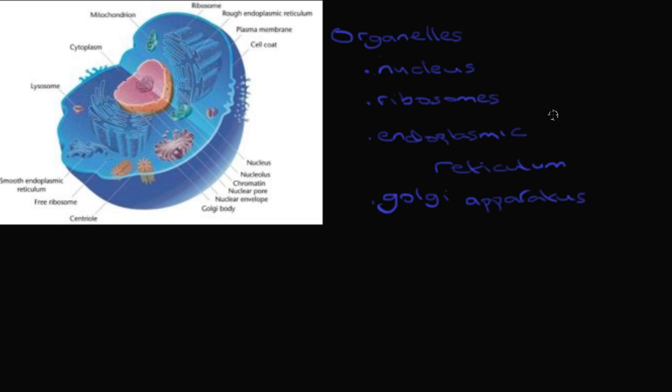So these are some of the structures within the cell itself that have very, very important functions, and we'll break them down one by one and just discuss their various functions, why they're there and what they do.